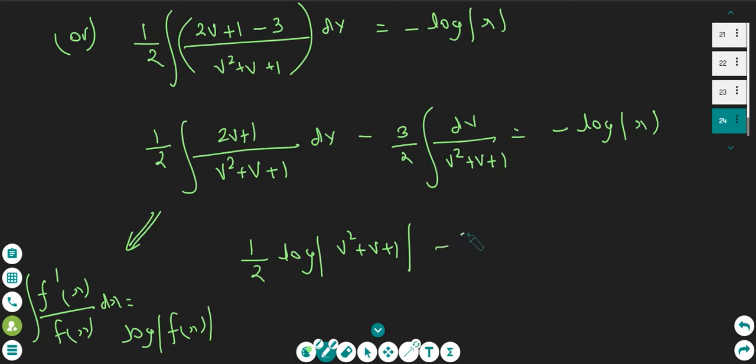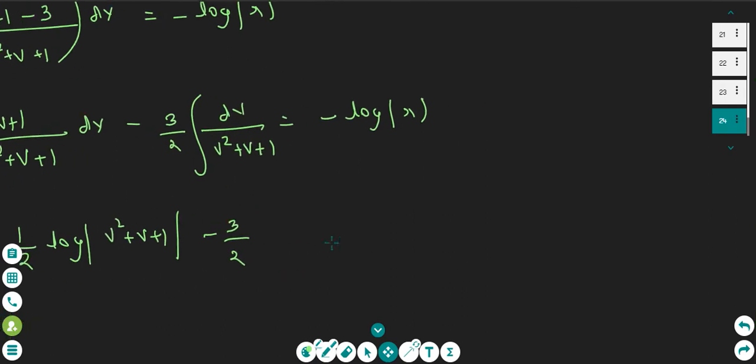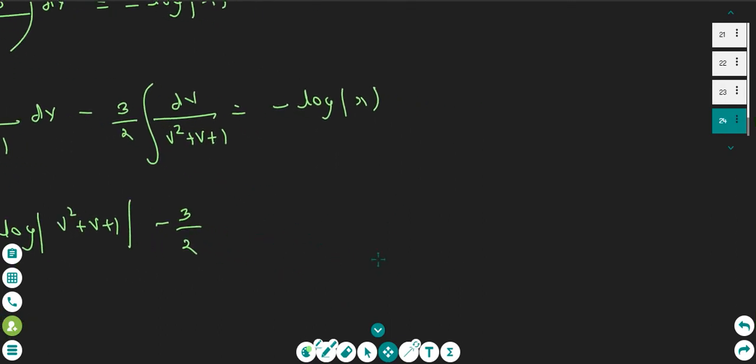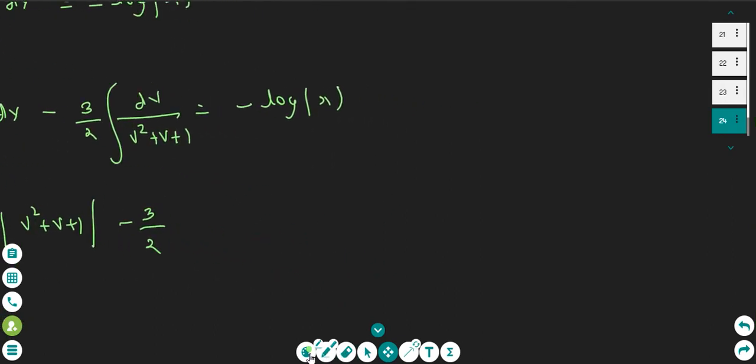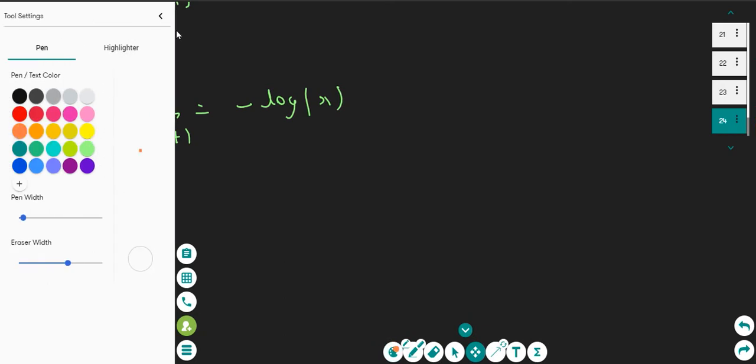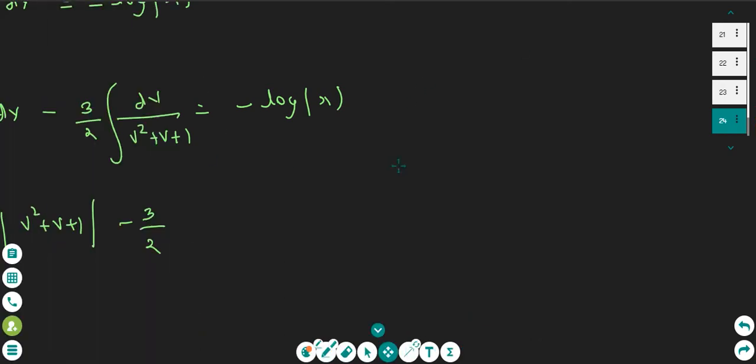But this one you have to do like integrating the particular function 1 over v squared plus v plus 1. Let me do that one, I'm going to use a different color. Let's do this separately here: v squared plus v plus 1. The method is we have to take half of the coefficient of v.